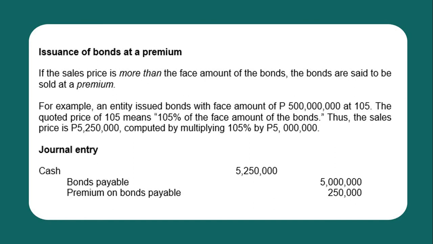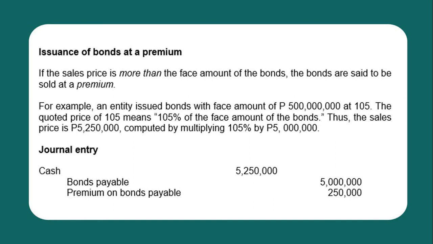Issue price niya, meaning the bond will be issued at 105% or yahang quoted price. So, the quoted price of 105 means 105% of the face amount. Thus, the sales price is 5,250,000 computed by multiplying 105% by 5 million.